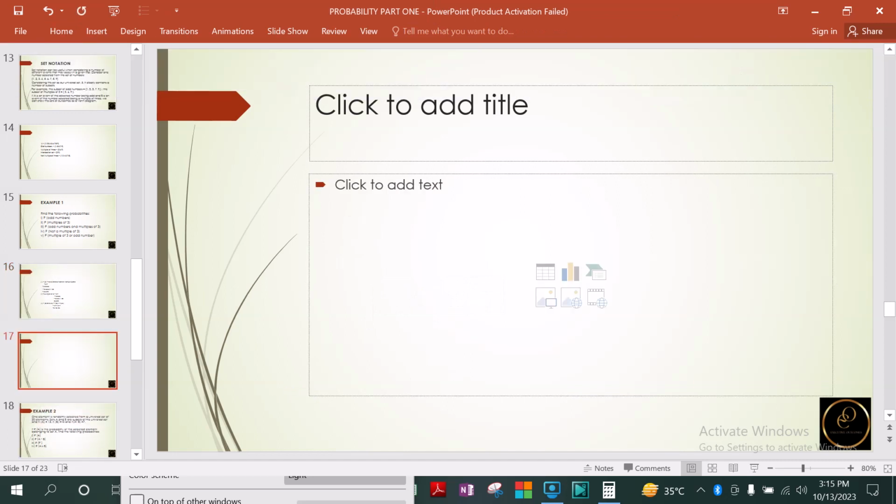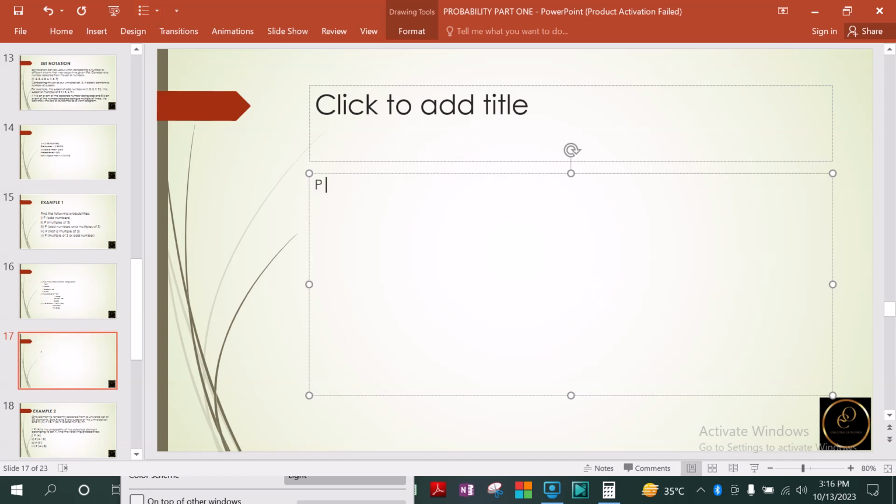Okay, there we are. So we are looking at the probability of not a multiple of 3.